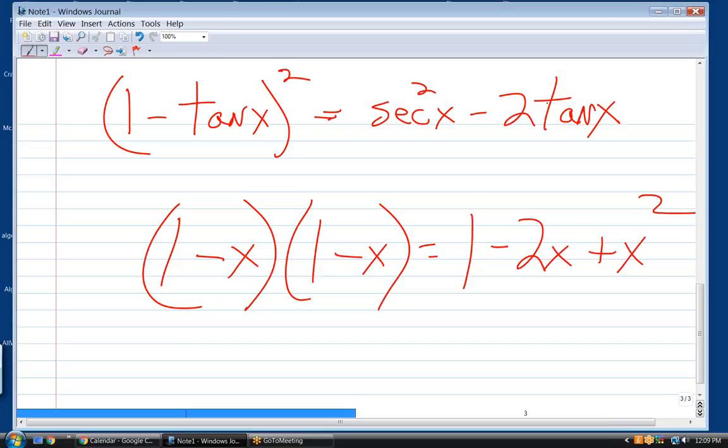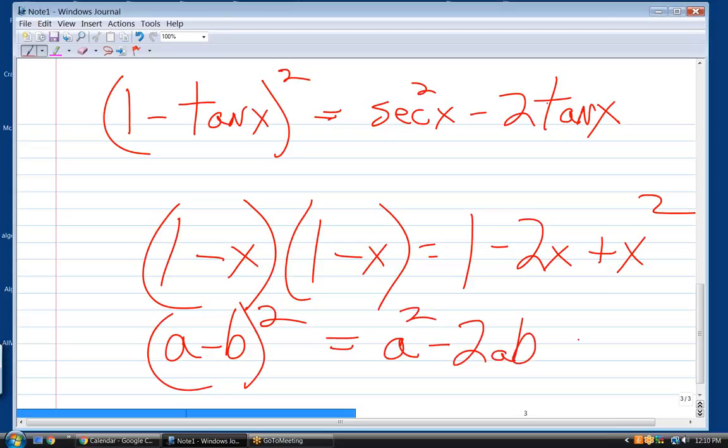In other words, a minus b squared is a squared minus 2ab plus b squared. Everybody wants to leave that middle term out, but you can't do it. So if I'm squaring 1 minus tangent x, what is it squared to?